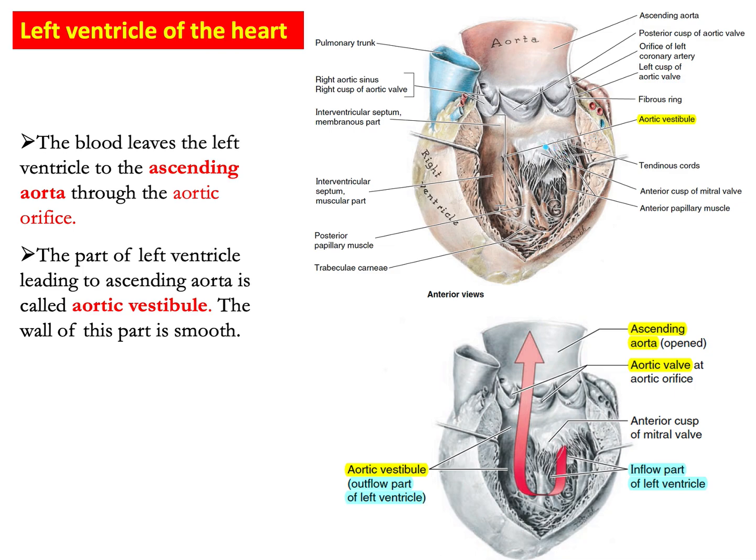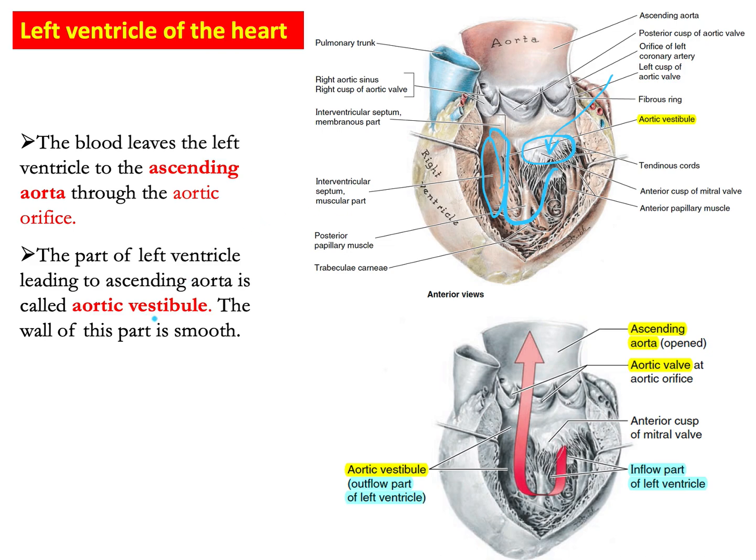Look at it. Here is the mitral valve, in which the blood comes from the left atrium through the mitral valve to the left ventricle. Then it ascends in this smooth area known as the aortic vestibule.